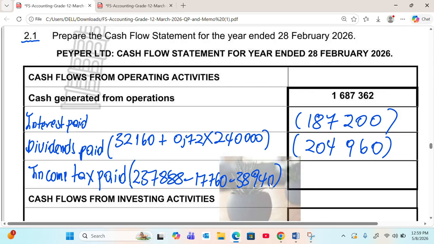Okay, then we have SARS income tax of 181,188. So we minus the income tax paid for the current financial year. So what we need to do now, guys, take that cash generated from operations minus interest paid minus dividends paid minus income tax paid as well. Then you will have the cash flows from operating activities.